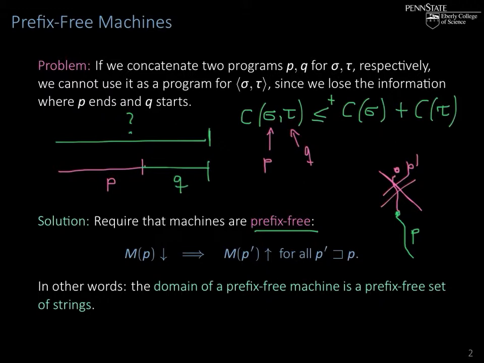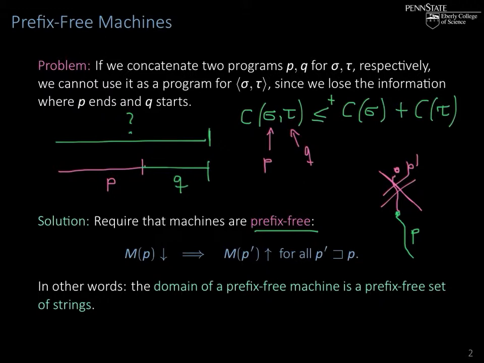If you recall from the lesson on measures, we've already encountered prefix-free sets there in connection with defining measures. And here we encounter this again, and we can say that a prefix-free machine is just a Turing machine whose domain is a prefix-free set of strings. That's another way to put it.